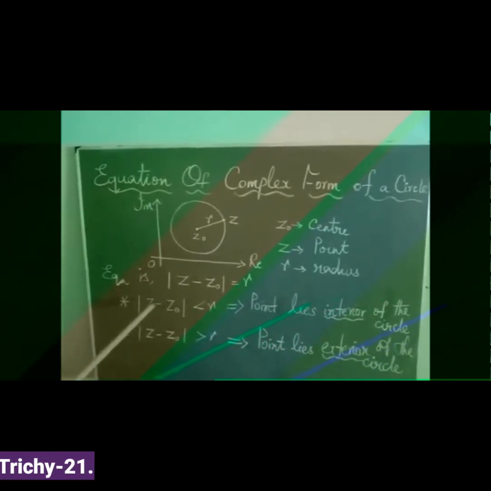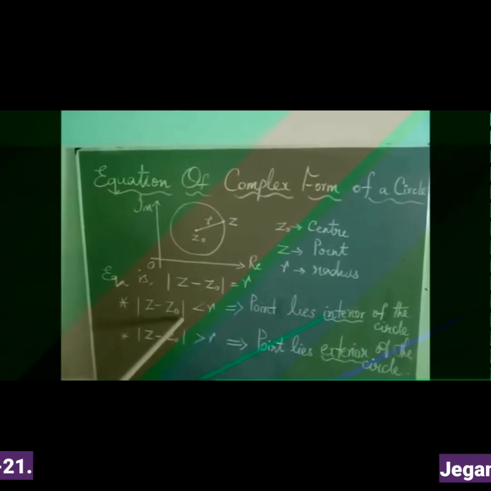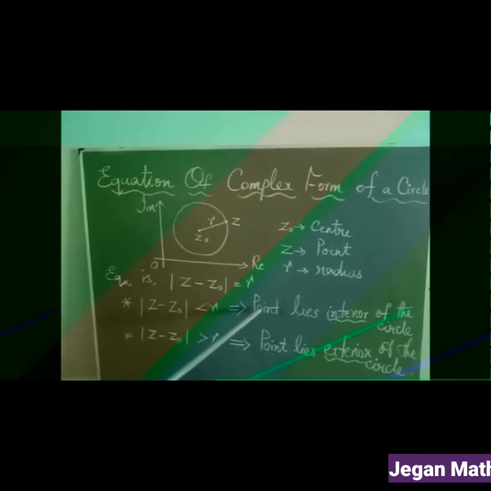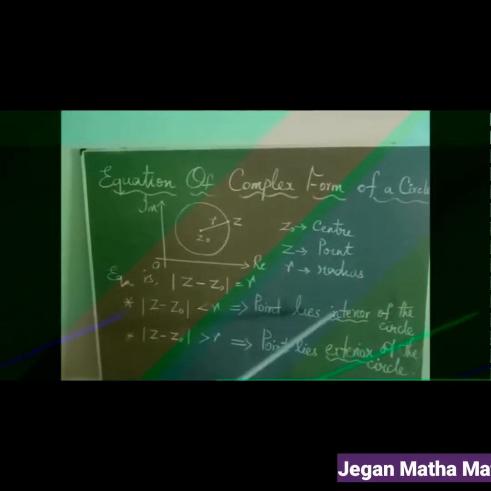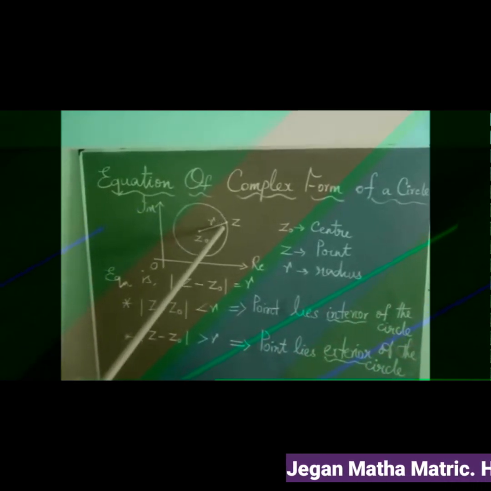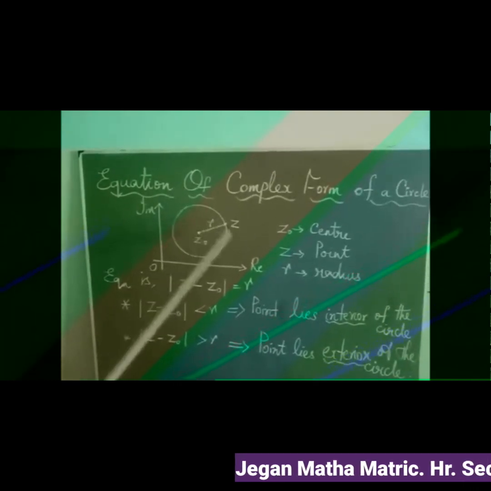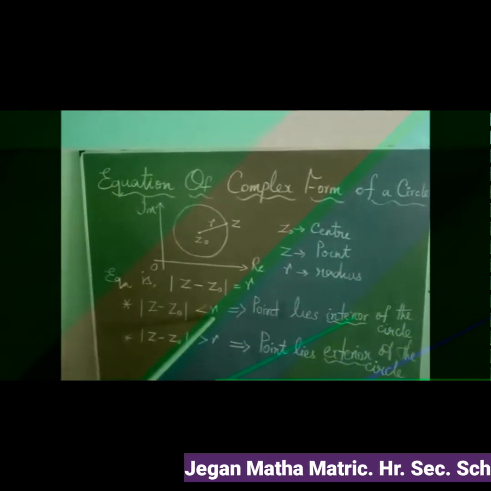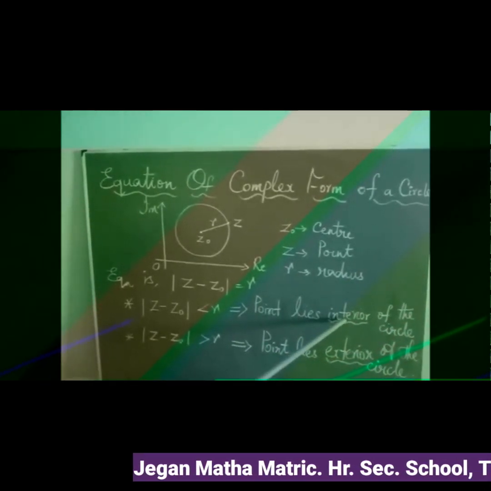Then, if you are considering modulus of Z minus Z0 less than R, it means this point Z lies in the interior of the circle. Interior means what? Inside the circle. Z minus Z0, the distance, is less than the radius, so the point lies interior of the circle.